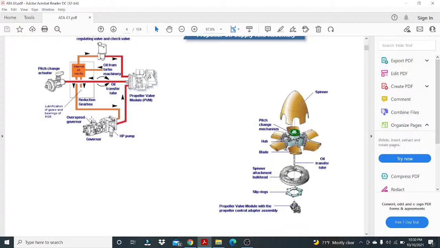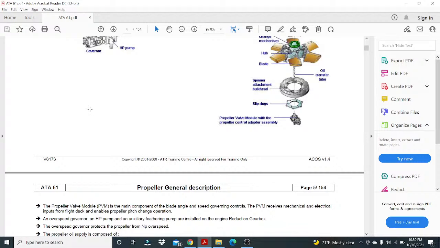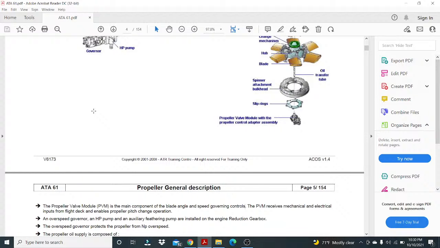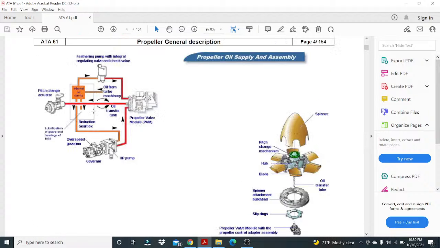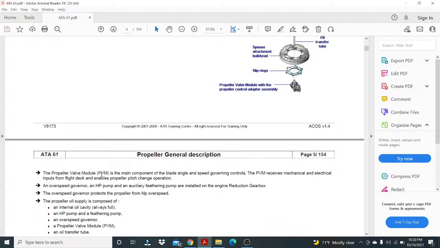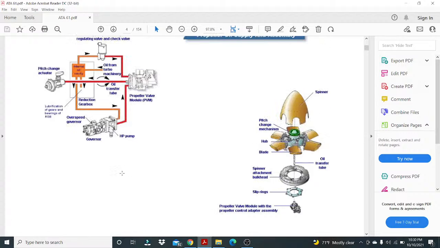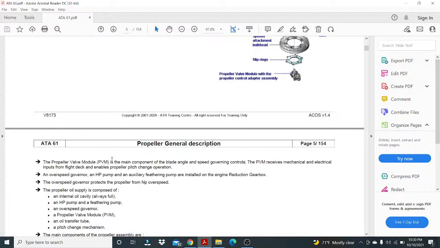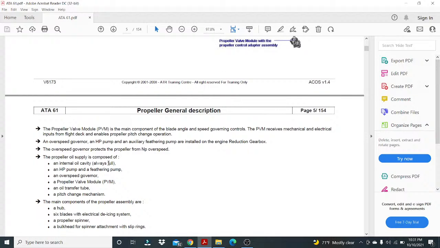So here is the feathering pump, the HP pump is here, and the overspeed governor, the propeller governor as well. The overspeed governor protects the propeller from NP overspeed. If it goes over the limit speed, that's what the overspeed governor protects against.